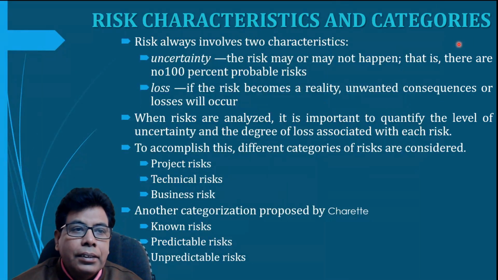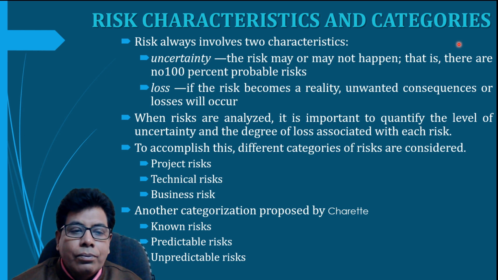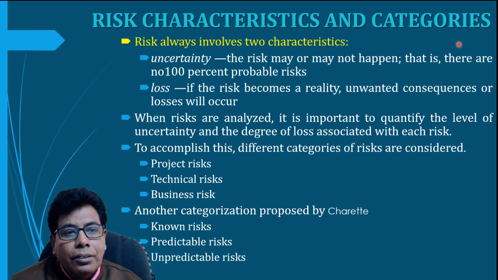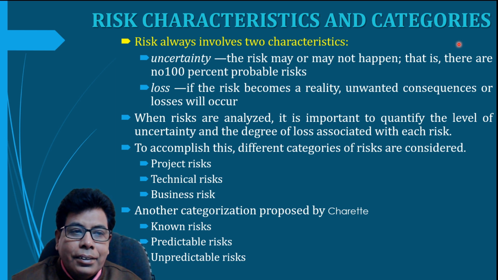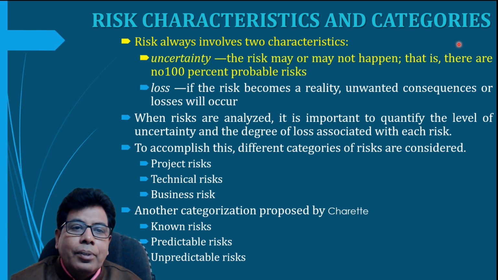Let us see the risk characteristics and categories. Now here we have already discussed the definition of risk. It is a loss and it is uncertain. So these are the two main characteristics of risk. So uncertainty, that is risk may or may not happen, that is uncertainty about the risk.